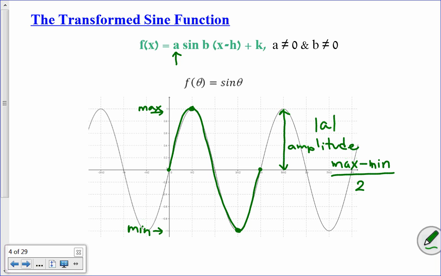The other thing that's really important is this way. That's what we call the period. And the period is usually 2 pi, but we're going to divide it by absolute value of B, because we don't want to find the reflection that would change our value. The period is also always positive, cannot be a negative period.